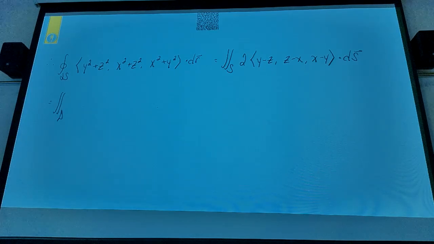Integrating over our domain. Y stays as y, but z is 1 minus x minus y.